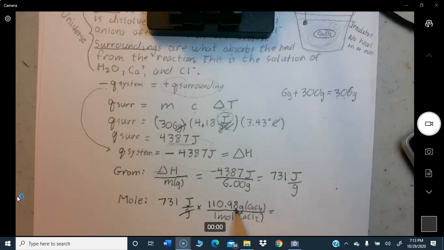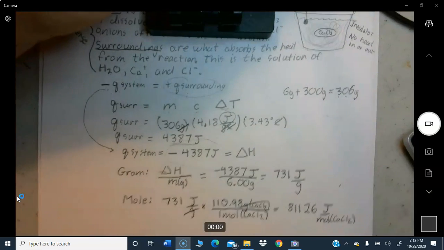And grams here cancels with grams here. That was grams per mole of calcium chloride, and that gives you this. It gives you 81,026 joules per mole of CaCl2.